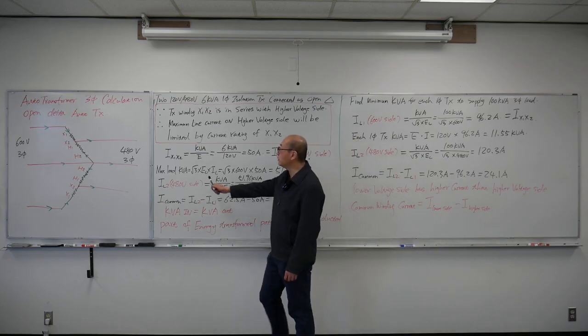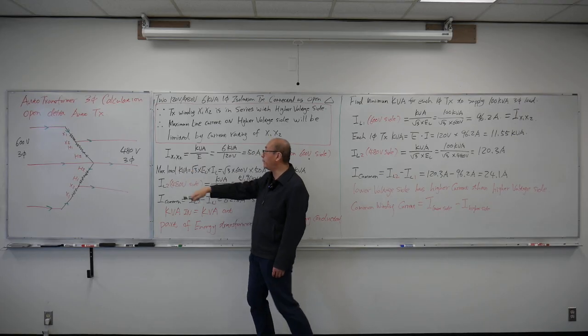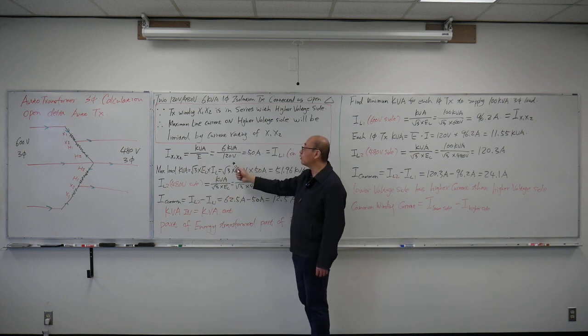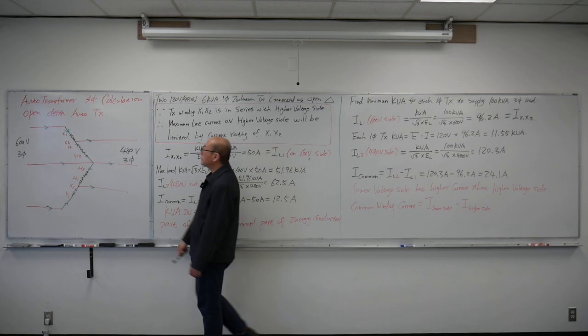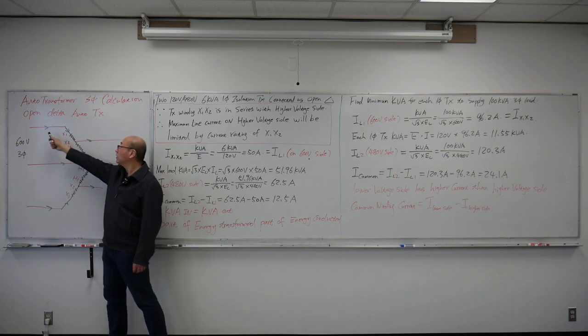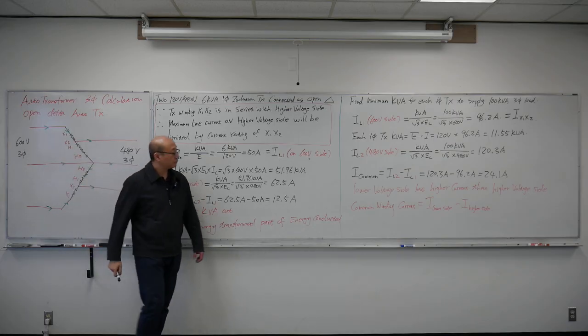To find this current for each individual transformer, use the kVA divided by the voltage rating of that coil: 6 kVA over 120 volt gives me 50 amps. This coil can handle a maximum of 50 amps, so this current is limited to 50 amps.